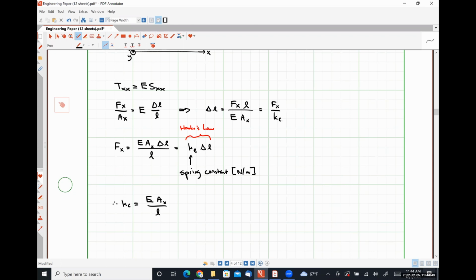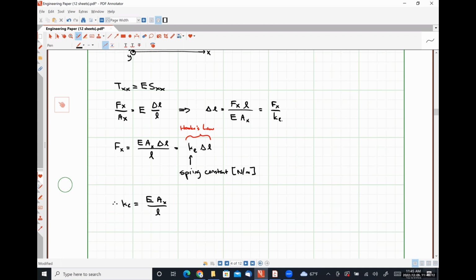So how do we make soft extension rods? What I mean by that is, how do we get the largest amount of displacement out of a spring like this? If we want delta L to be larger, that means we want its spring constant K to be smaller.